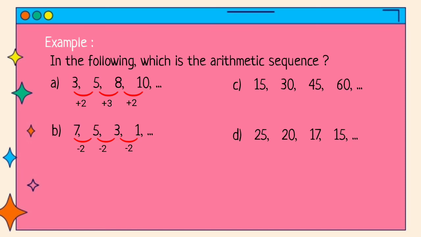On point C, we have sequence 15, 30, 45, 60, and so on. It's an arithmetic sequence because the common difference is constant, which is plus 15. On point D, we have sequence 25, 20, 17, 15, and so on. It's not an arithmetic sequence because the common difference is not constant.